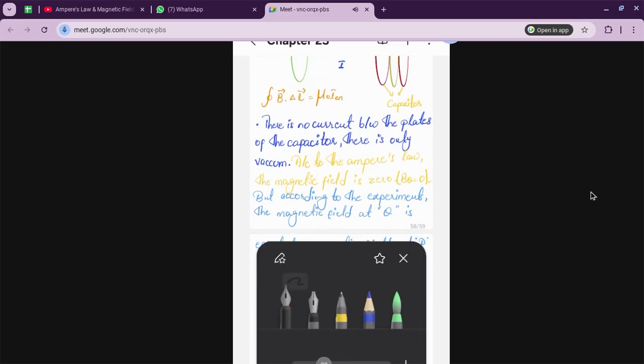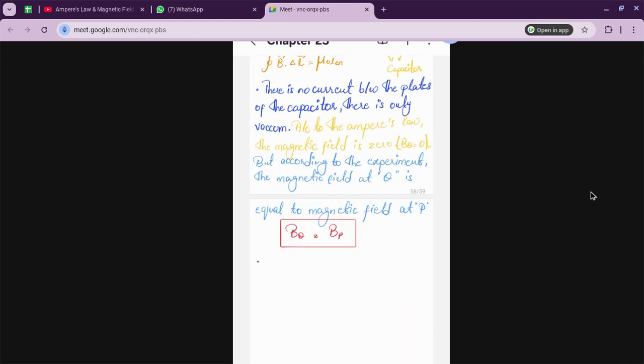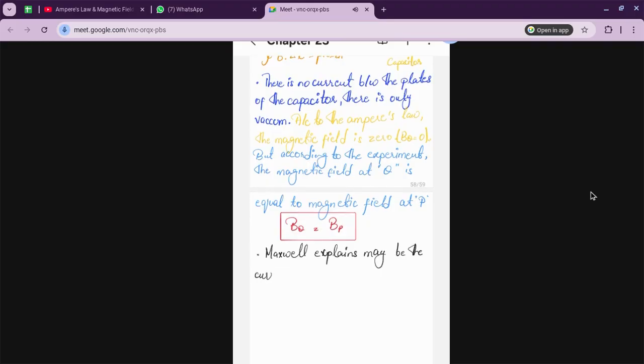Maxwell said maybe the current is not the only thing that generates magnetic field.